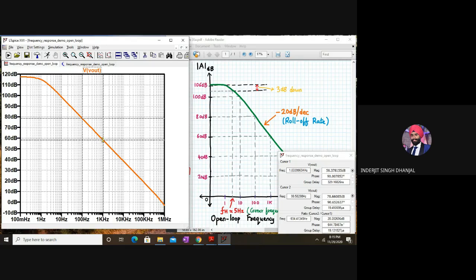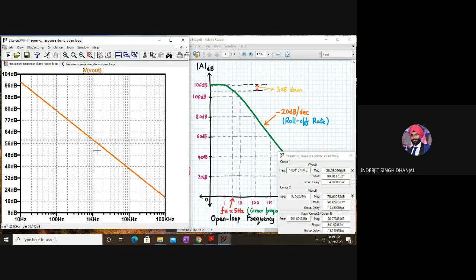How much is the value? This is slightly difficult to adjust. Yeah, I think this is proper now. Let me slightly adjust this number to 100. As you can see, cursor 2 is at 100 hertz, cursor 1 is at 1 kilohertz.